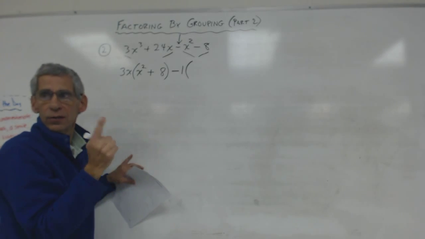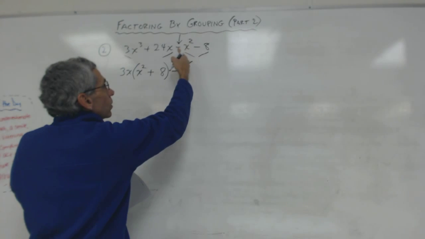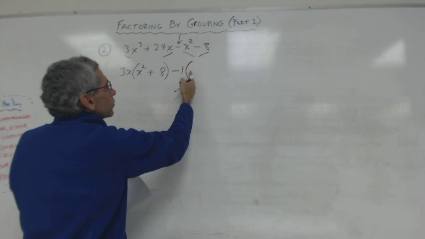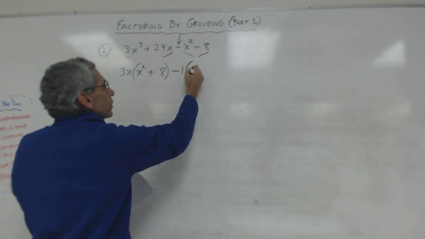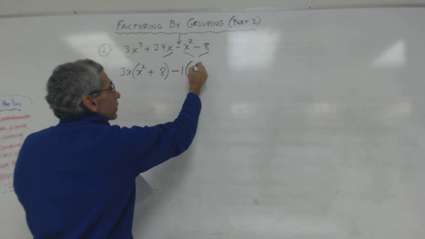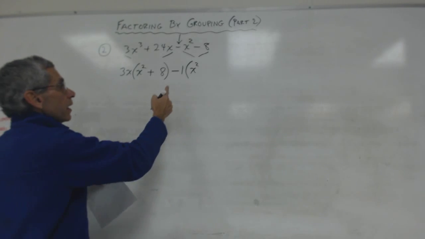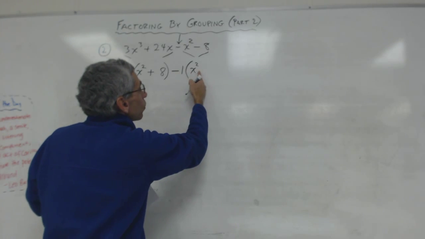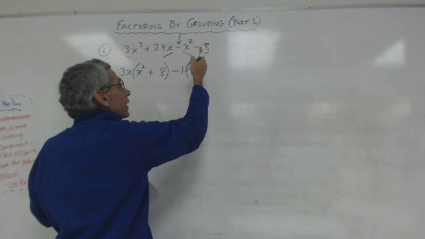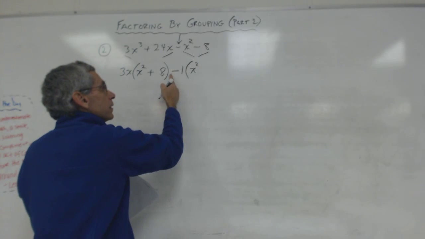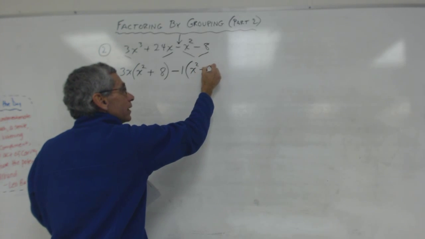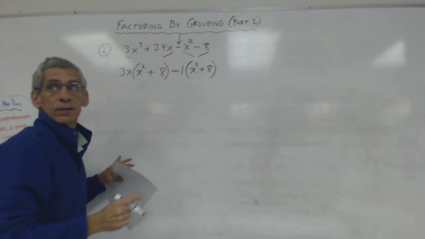Does that make sense? So look at this. So negative 1 times what is negative x squared? Well, negative 1 times x squared is negative x squared. You follow me? Right? Now I'm doing negative 1 times what is negative 8? 8. Negative 1 times positive 8 is negative 8.